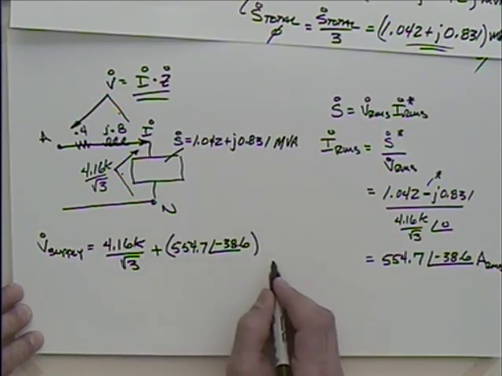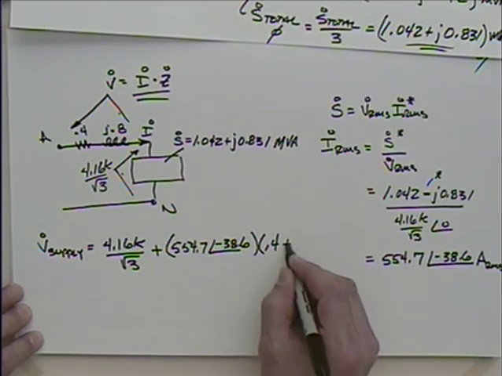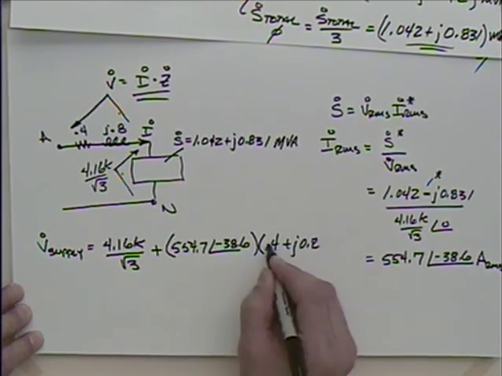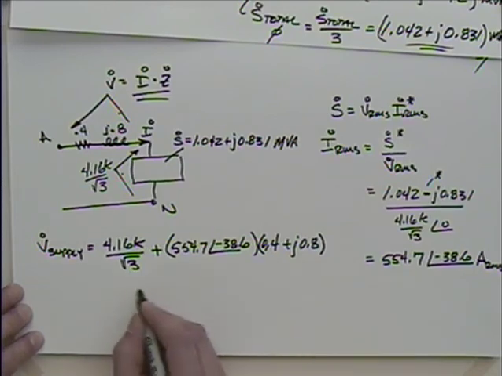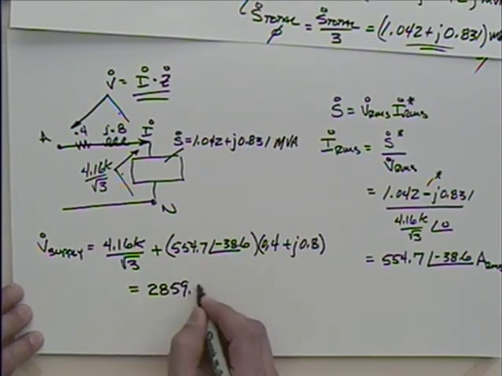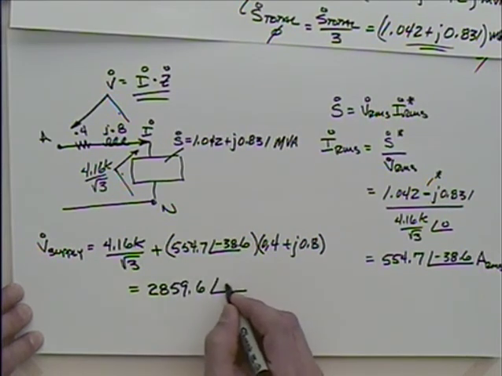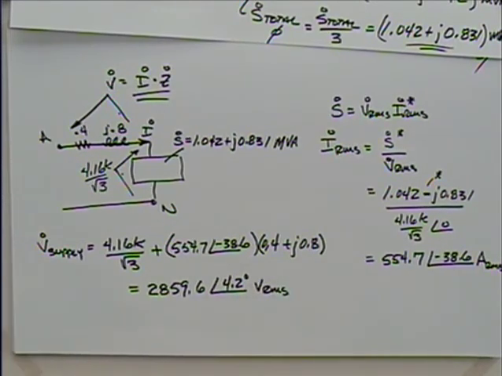And I've got to multiply that by the impedance, which is 0.4 plus j 0.8. This whole thing turns out to be 2,859.6 at 4.2 volts RMS.